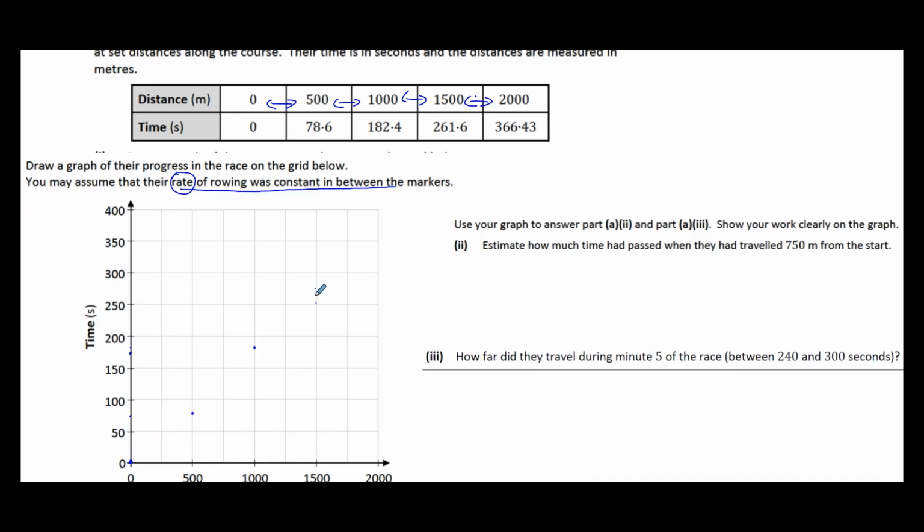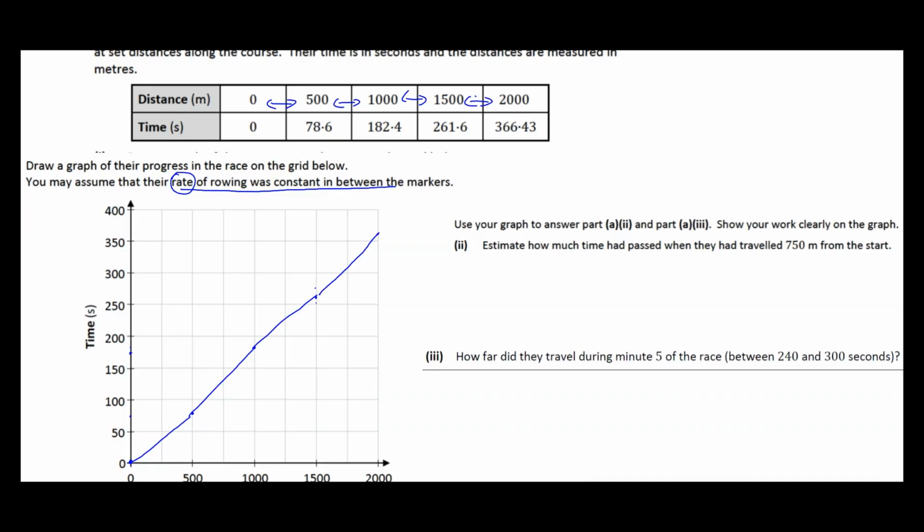In the middle is 275, so that means 260 will be somewhere lower here. And then 2,000, 366. So again, a little bit above. And then we join the line. It's not going to be a perfectly straight line. It is going to vary a little bit.